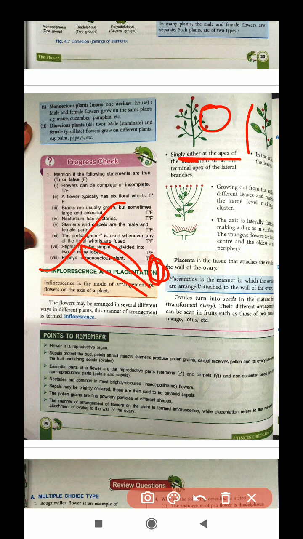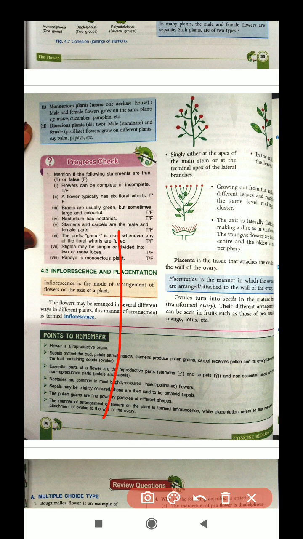That arrangement of the flowers on the axis of the plant, when the plant axis grows, is called the inflorescence.